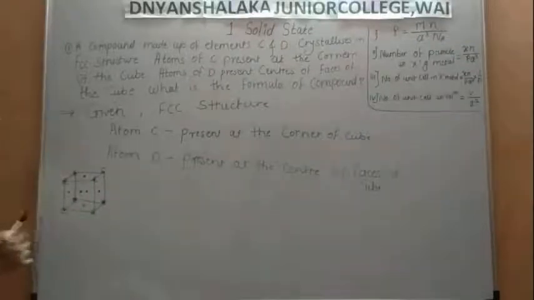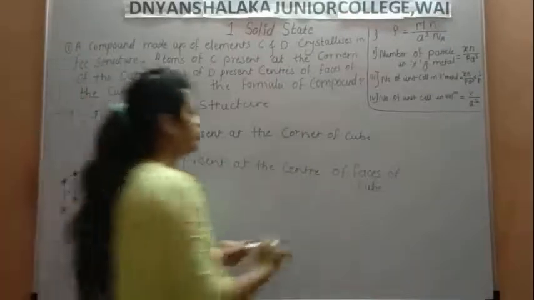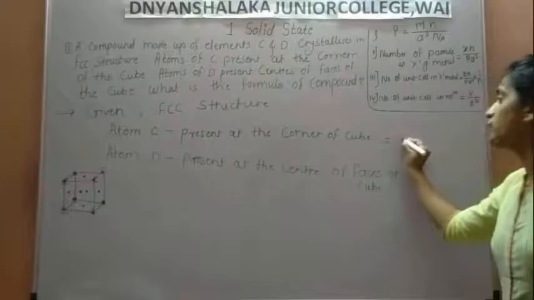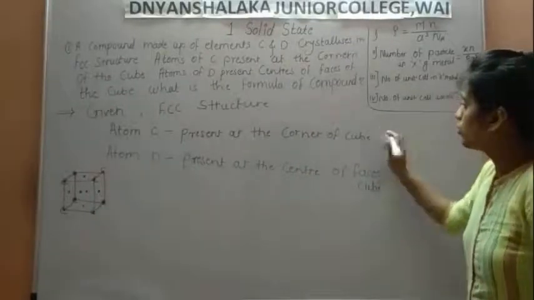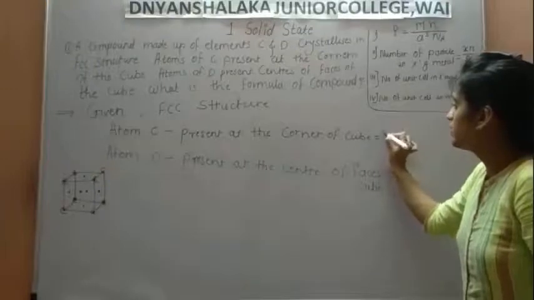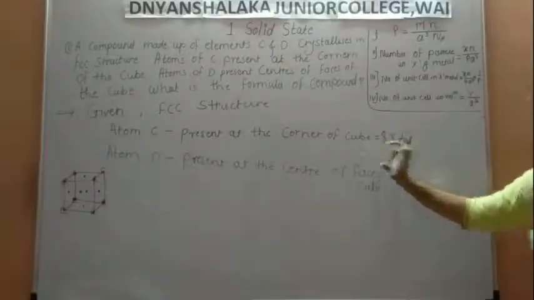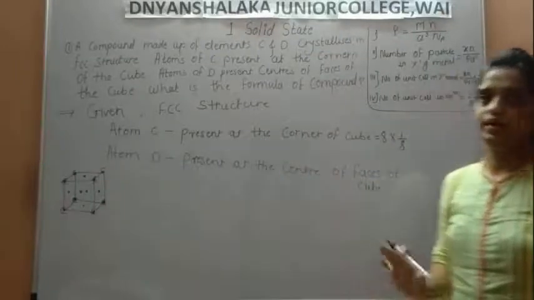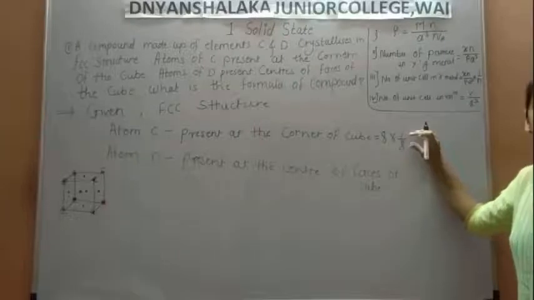So how many atoms? There are 8 corners, and each corner contributes only 1 by 8. In FCC or any structure, there are total 8 corners, and the contribution of each atom is only 1 by 8 portion.